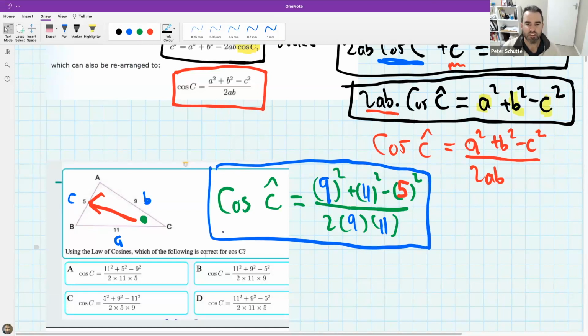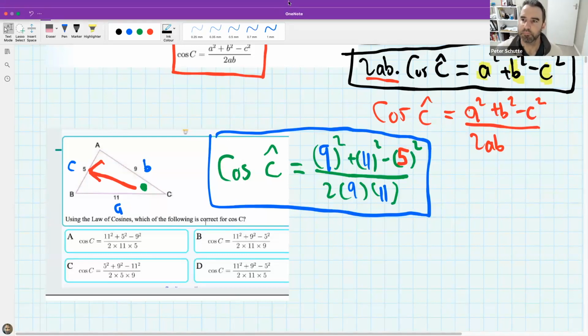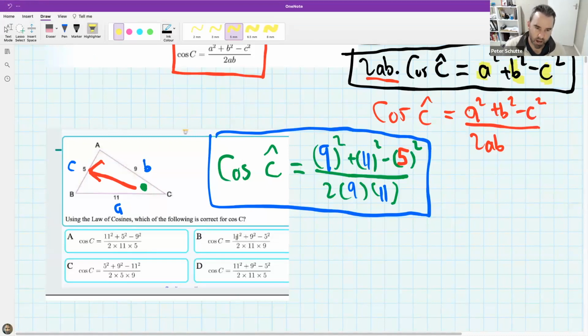Now, which of these four options from the question looks right to you? Which one matches mine here? Let me know in the chat. Okay, the one that matches mine is actually this one.